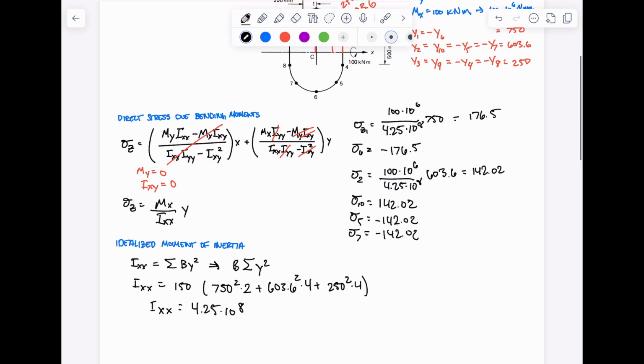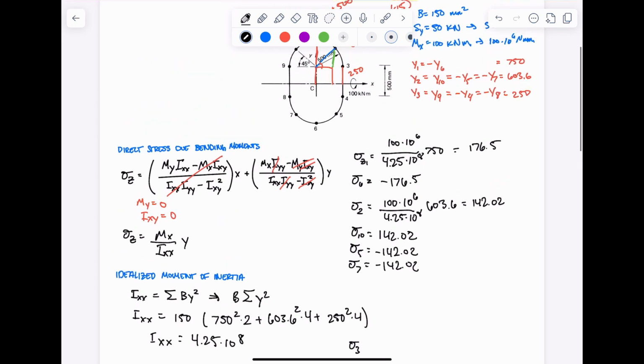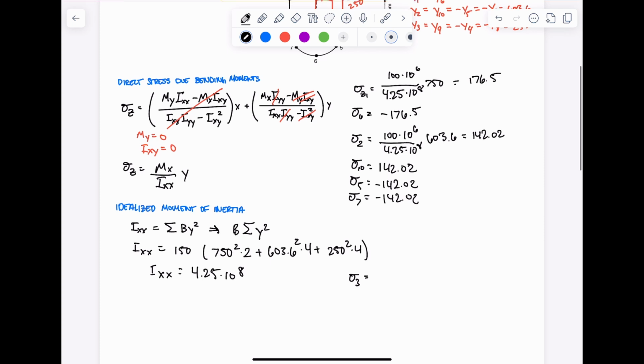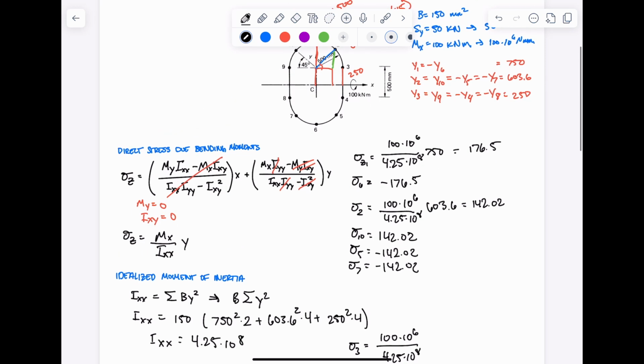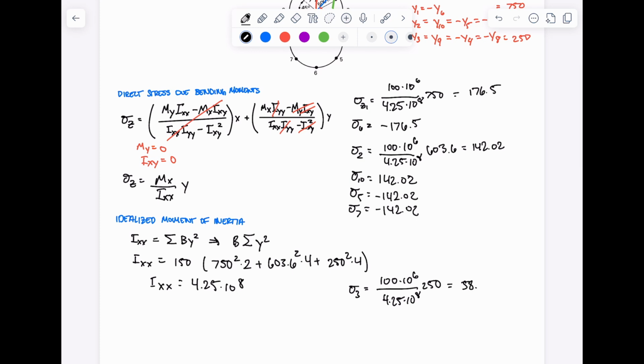Okay, now let's solve for the direct stress of boom 3. Again, the same thing, 100 times 10 to the power 6 over 4.25 times 10 to the power 8, multiplied by the distance from the center, which is 250. Solve that, 58.82.